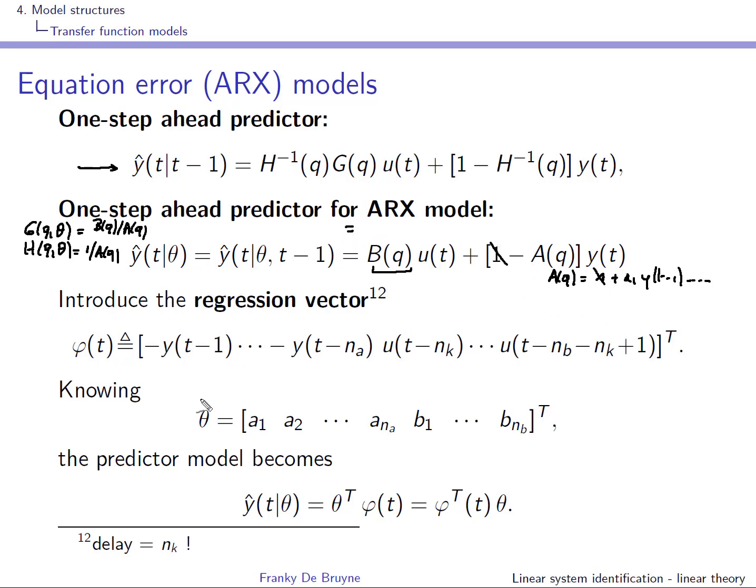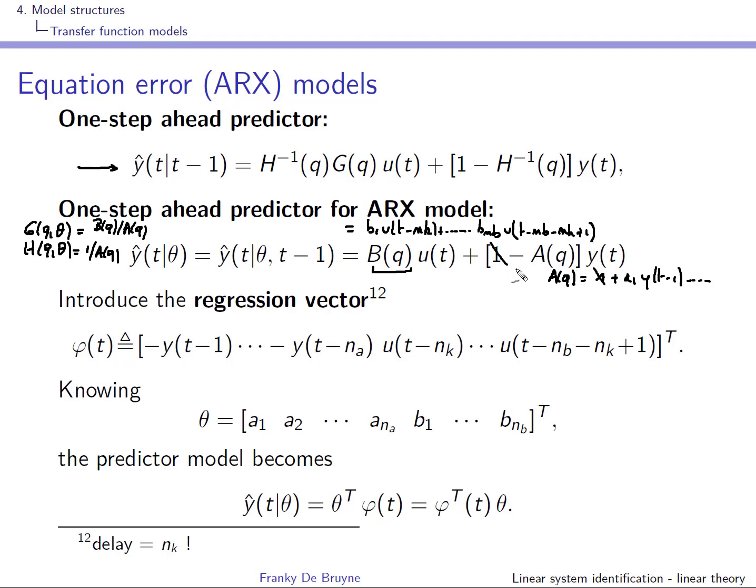Assume a general delay nk. We'll have b1 u of t minus nk, up to b nb u of t minus nb minus nk plus 1.